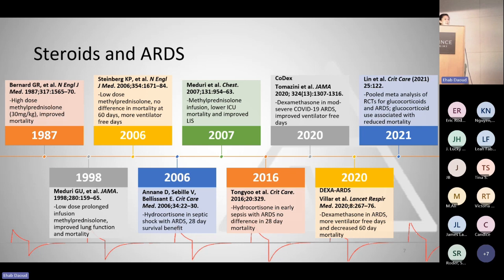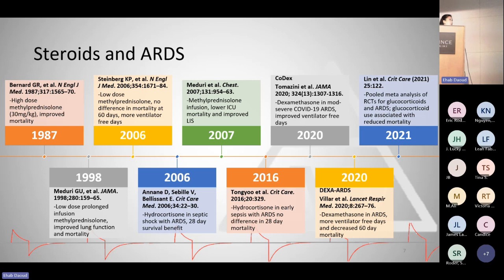So back in 1987, we had the first study looking at high-dose methylprednisolone. This is a 30 milligram per kilogram dose, which is a huge dose when you think about steroids. This one actually showed improved mortality. Then in 1998, Meduri and colleagues put out their low-dose prolonged infusion methylprednisolone study, where they found that it improved lung function and mortality.